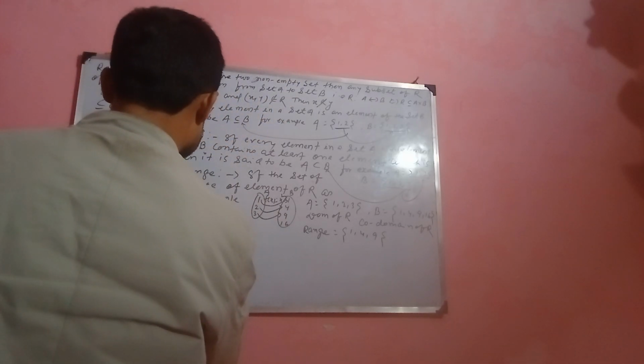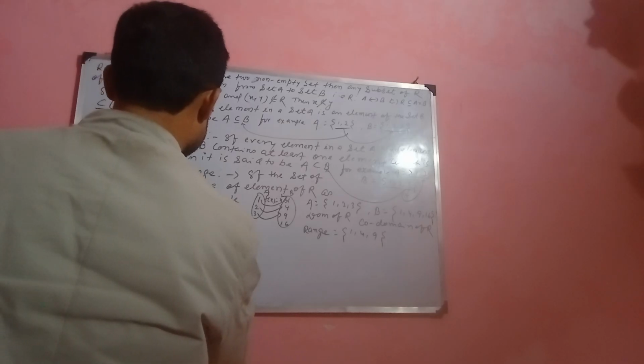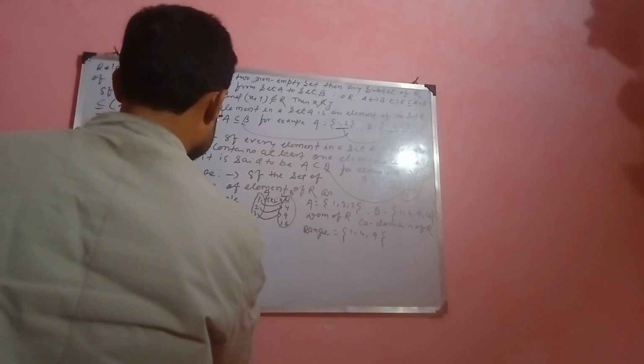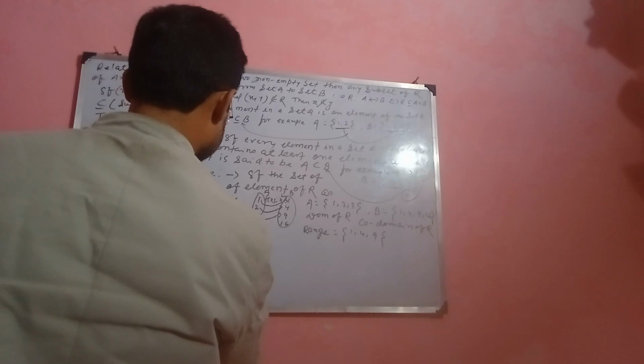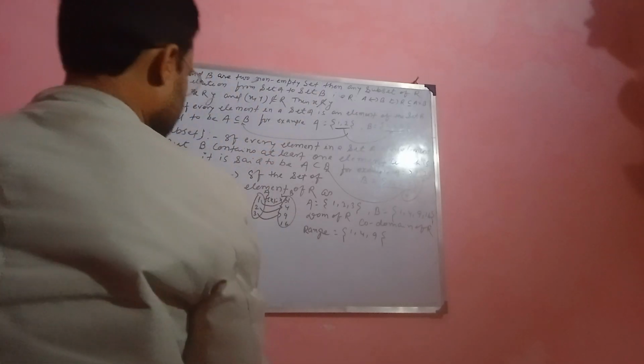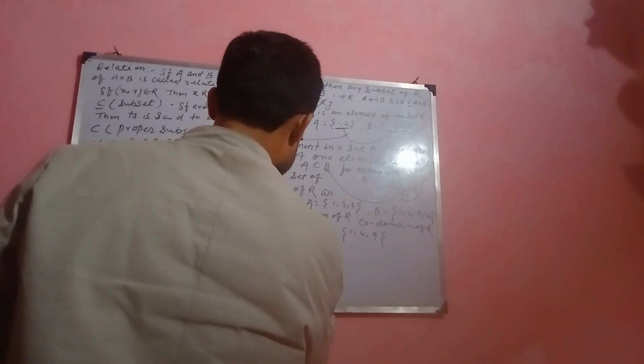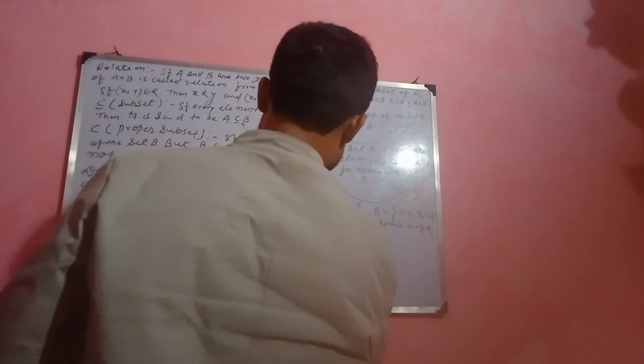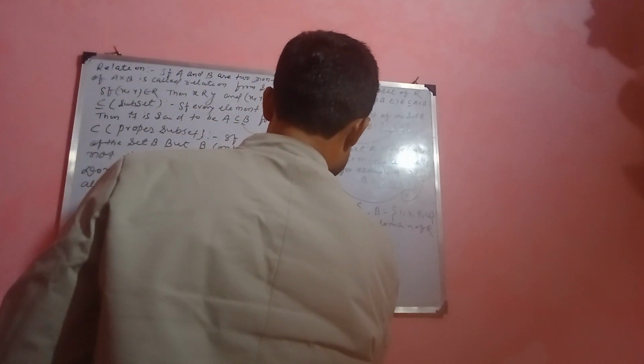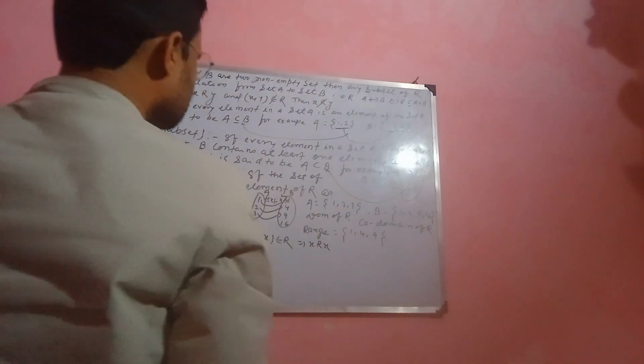First condition, reflexive: (x, x) belongs to R. This implies x is related to x.